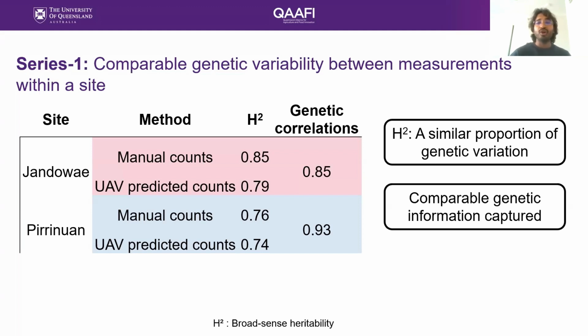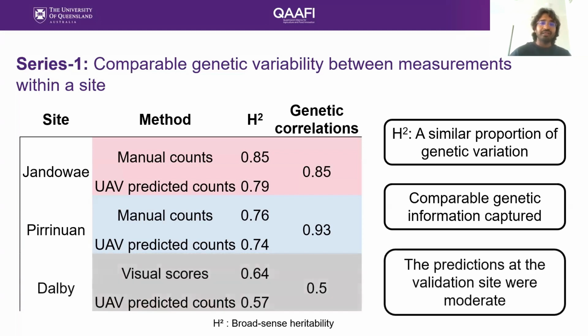However, we also want to know whether the model has broad applicability beyond the sites used to develop the model. Therefore, we looked at the validation site, which showed low heritabilities and moderate genetic correlations compared with the model development sites. However, the same general patterns were observed for both visual scores and UAV-based phenotypes.